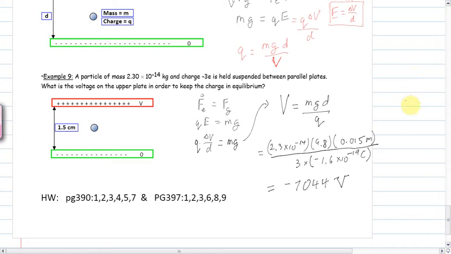It's going to go up. So when you calculate the change in voltage, you will get either a positive or a negative depending on which way you're doing it. If it's balanced, you can do the logic that the higher voltage has to be up because it wants to be attracted to that. Any questions?